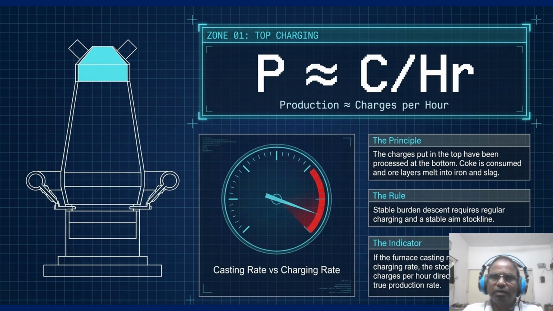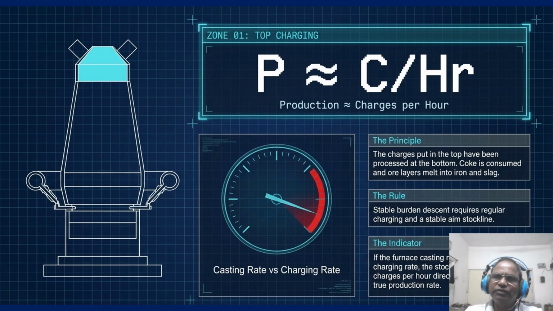The principle is simple. The material we put at the top is only there because the material at the bottom has been processed. Coke is consumed at the tuyere and the ore layers melt into iron and slag. To keep the furnace stable, we need a steady burden descent, which requires regular charging and a stable stock line.